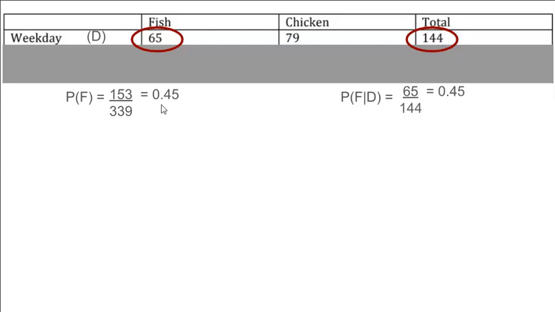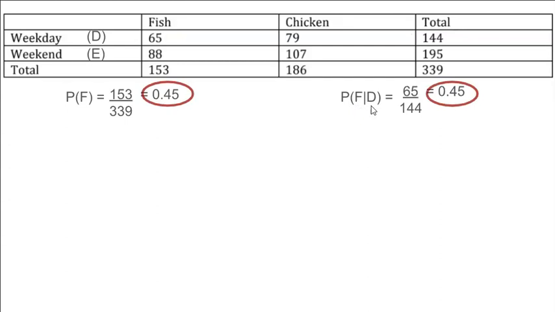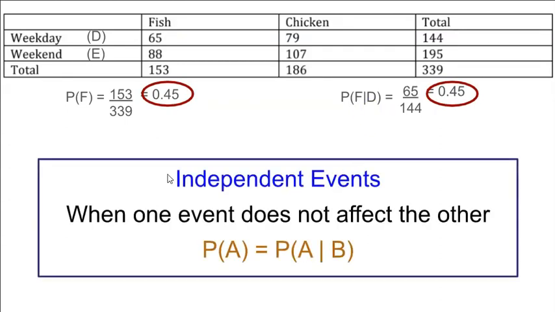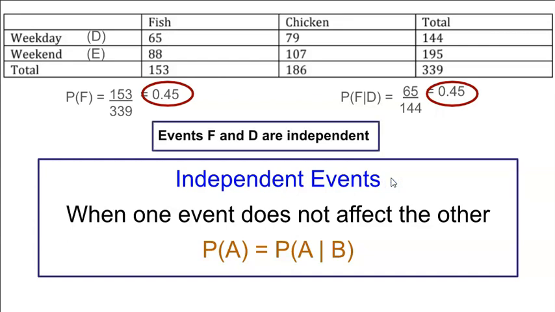So it looks like the probability of someone ordering fish at any time is the exact same as the probability of someone ordering fish given that it's a weekday. That means that since these probabilities are the same, these events are independent. The day of the week does not affect the probability of someone ordering fish. So events F and D are independent.